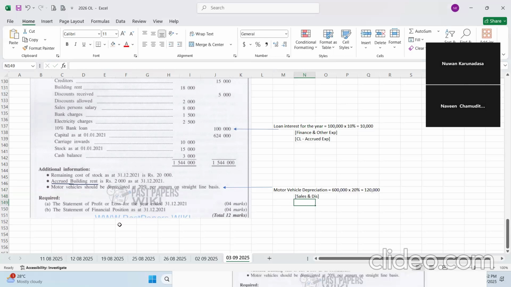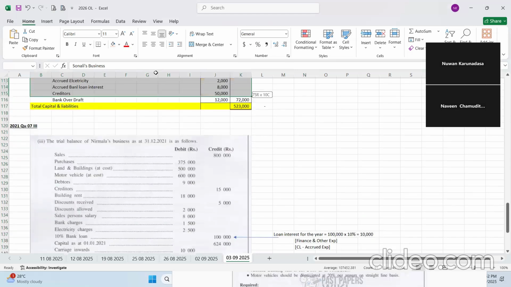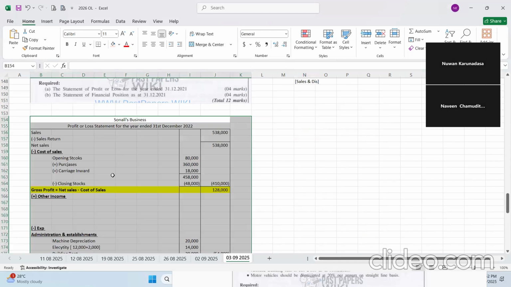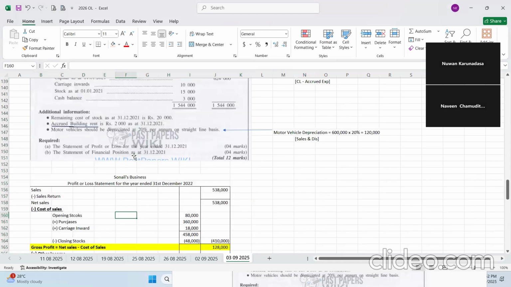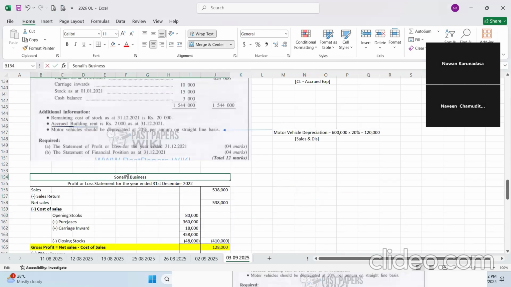So they're asking you to prepare, for 12 marks, the statement of profit or loss and the statement of financial position. For my easy purpose, same as previous, I'll copy this one. Then it's easy, no? Right, we'll do the changes. Nirmala's business.